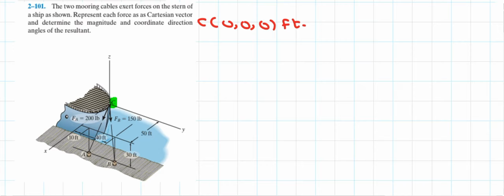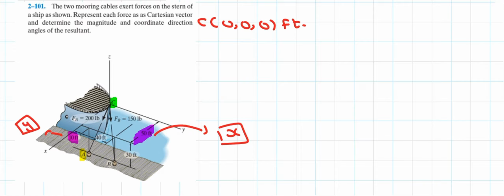Now what about point A? Point A basically lies in space. It means that there are x, y and z values present in point A. This 10-foot distance is the y value, and it is positive because this distance is indicated on the right hand side. Similarly, this 50-foot distance is the x value, and it is positive because it is indicated outward from the screen.